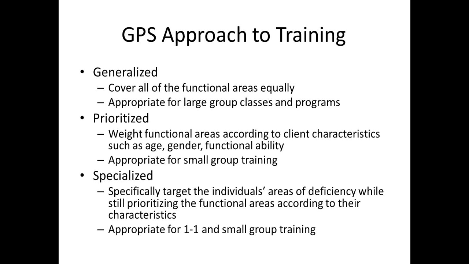You can't really learn the individual needs of your clients. So what do you have to do? Well, you have to take a more generalized approach, and that is we look back at those functional domains that we've already talked about, looking at power and velocity and motor control, coordination, etc., and within your programming, covering as many of those as possible.